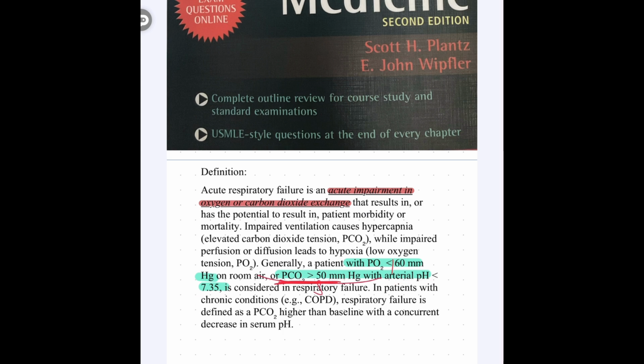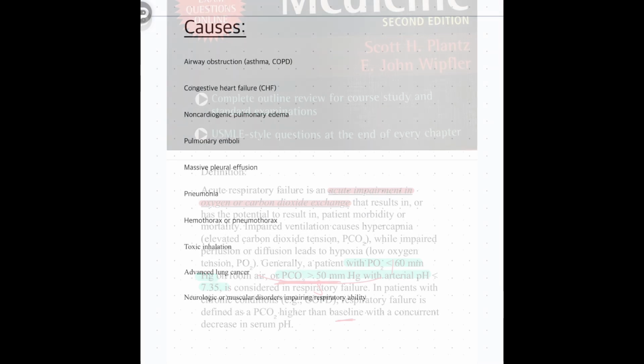So this definition of acute respiratory failure means impairment in oxygen or carbon dioxide exchange. In patients with chronic conditions such as COPD, respiratory failure is defined as a PCO2 higher than baseline, with a concurrent decrease in serum pH.